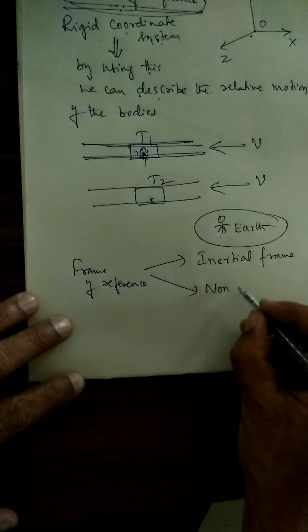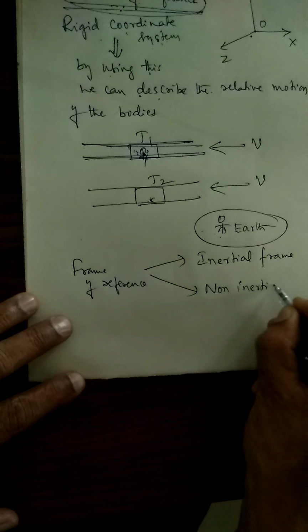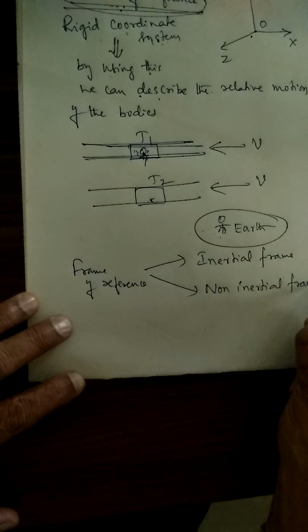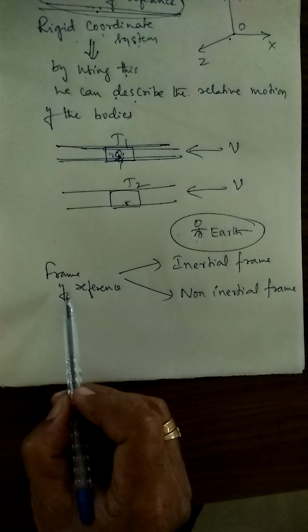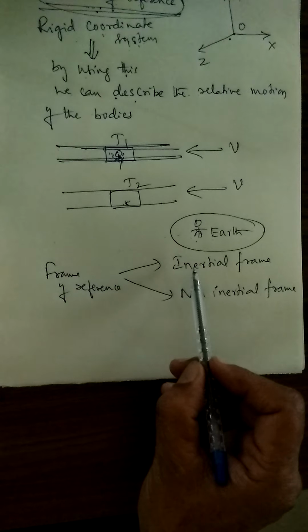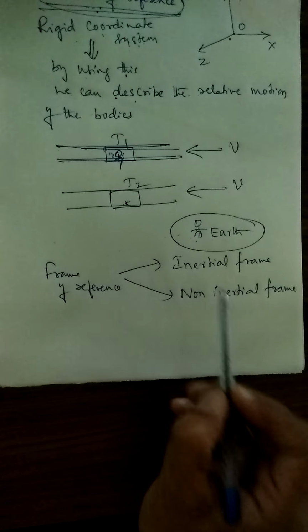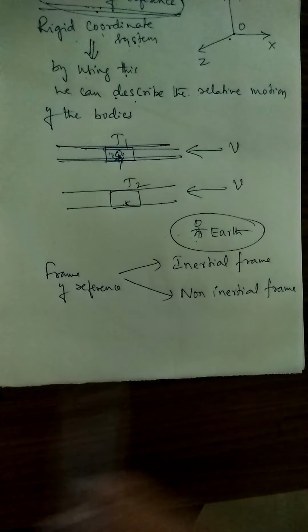One is called the inertial frame of reference. The second one is called the non-inertial frame of reference. So frames of reference can be divided into two categories: inertial and non-inertial.